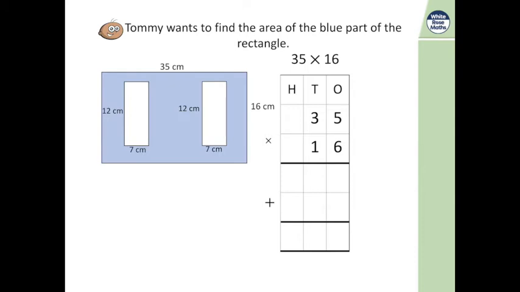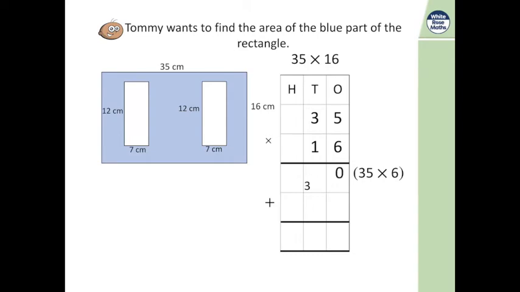It would be a good idea if Tommy worked out the area of the whole rectangle. So your calculation to work out the area is multiply the length times the width. So firstly, multiply 35 times 16. 35 times 6, and then we're going to multiply 35 times 10.